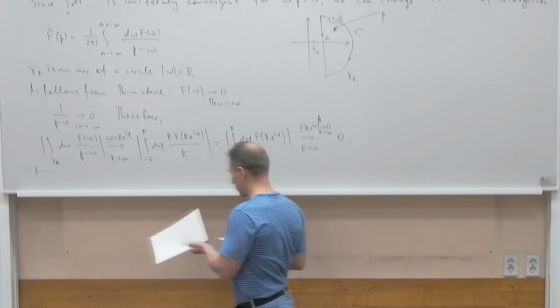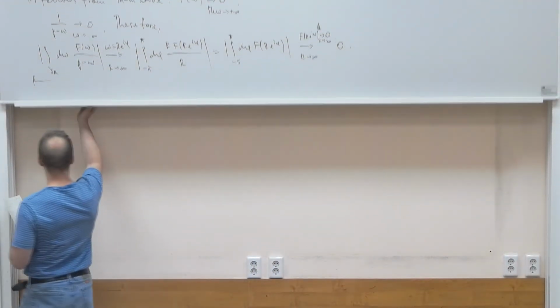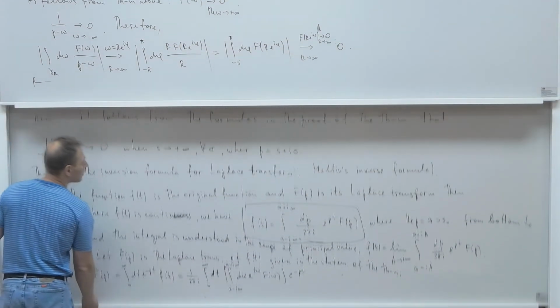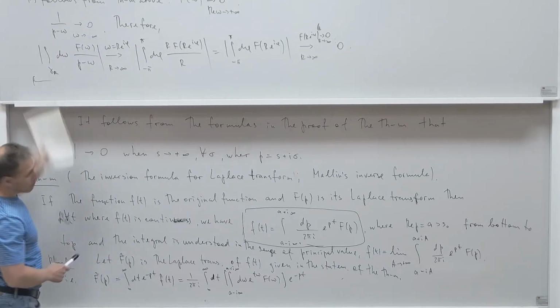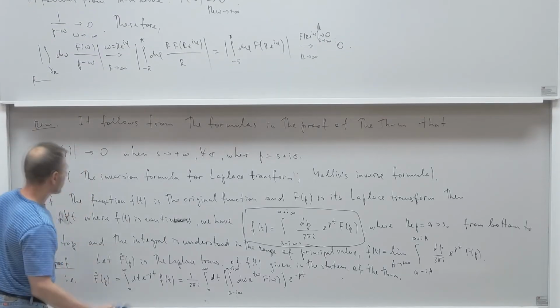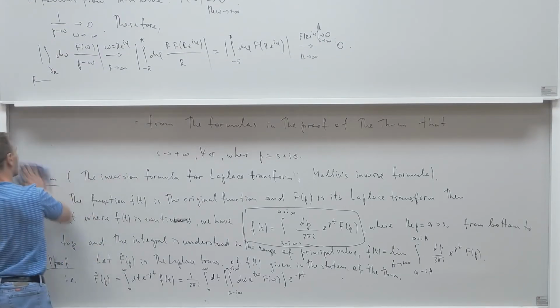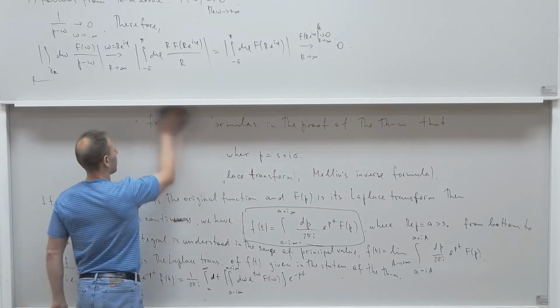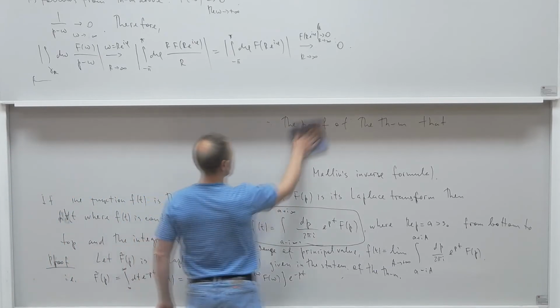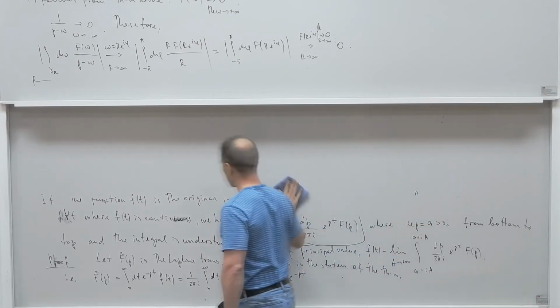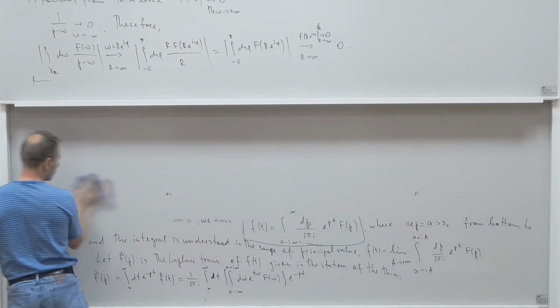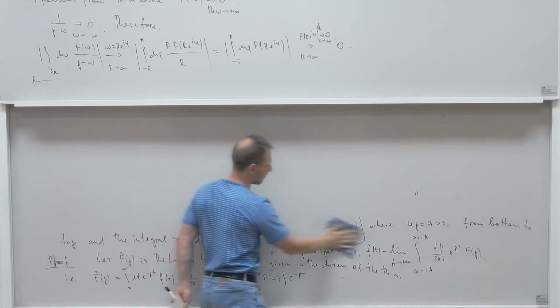Hence, we can write the original integral, that is the integral defining F tilde large, as the integral along a closed contour C, where we assume that R large tends to infinity.